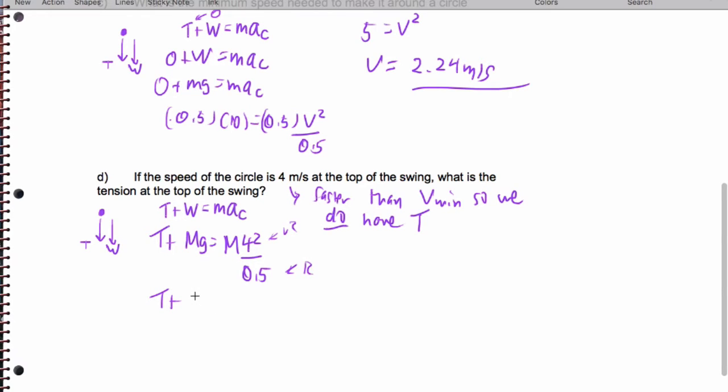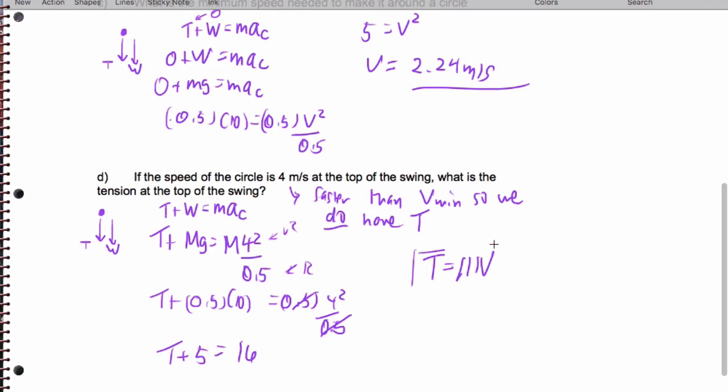So tension plus 0.5 times 10 equals 0.5 times 4 squared divided by 0.5. Those cancel. So I get tension plus 5 equals 16. And when I solve, I get an 11 newton tension at the top of the swing if my speed is 4 meters per second.